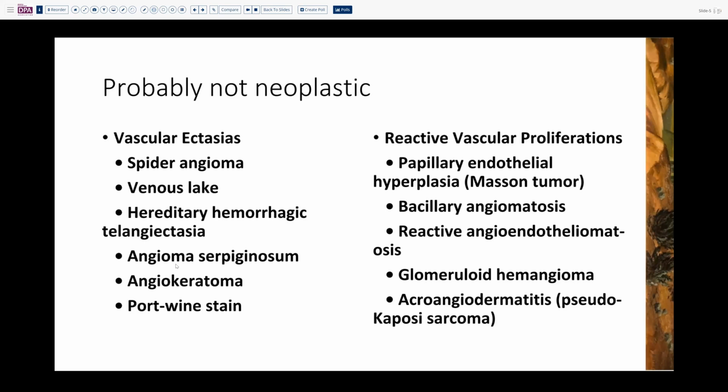But we're not going to spend much time on these, if at all. Then we have a number of reactive vascular proliferations, which can arise de novo and become potentially confusing for malignancy in various situations. And so we'll go through each of those in some detail.